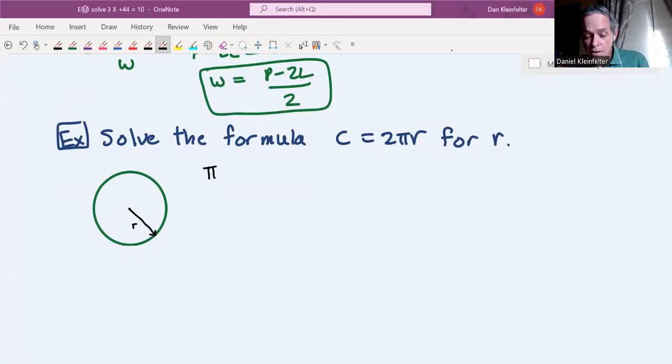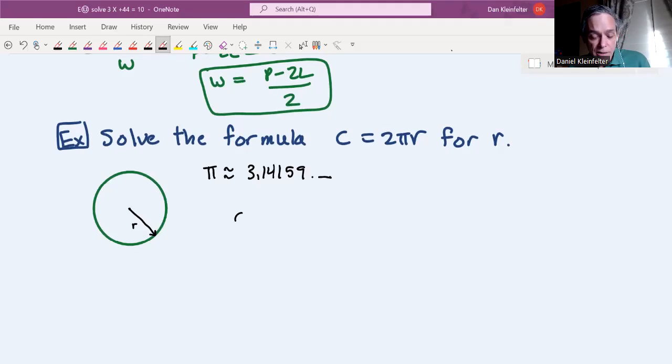And pi here, if you've never seen it before, is a constant value, and it is approximately 3.14159. It's an irrational number, making it a non-terminating, non-repeating decimal. And this letter that looks a little like a T with two legs is a Greek letter P, called pi.